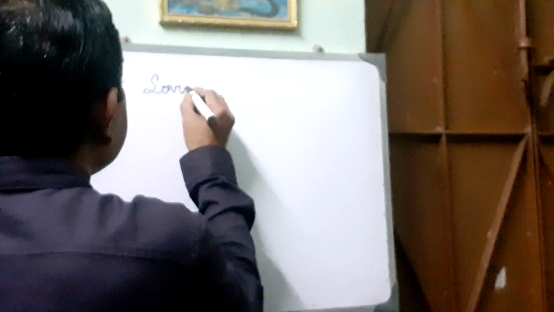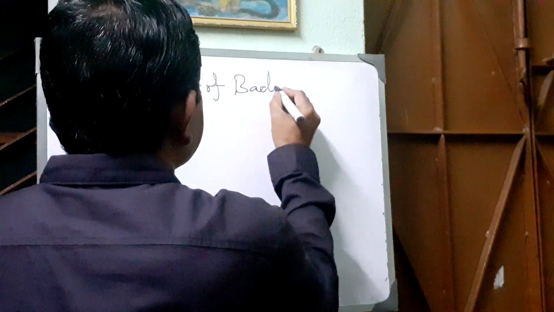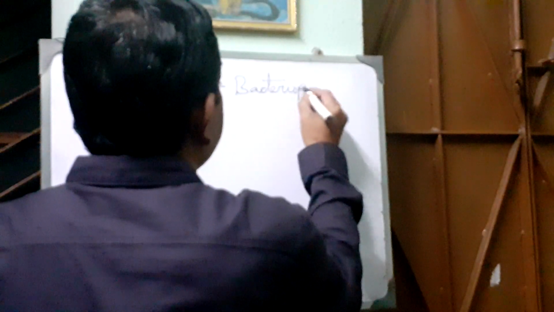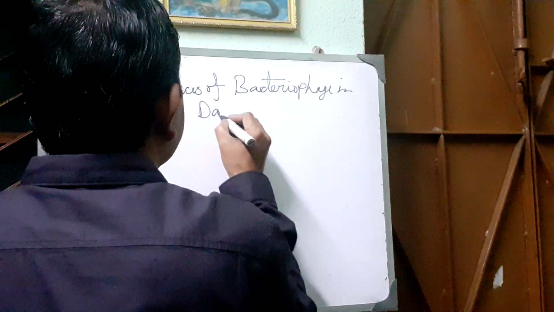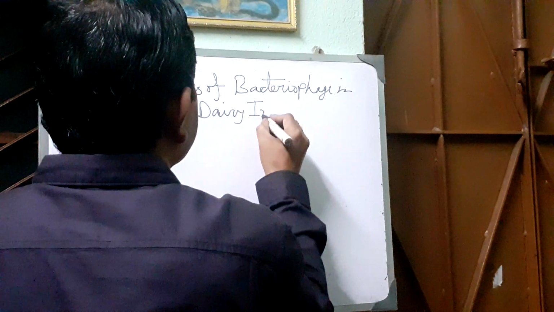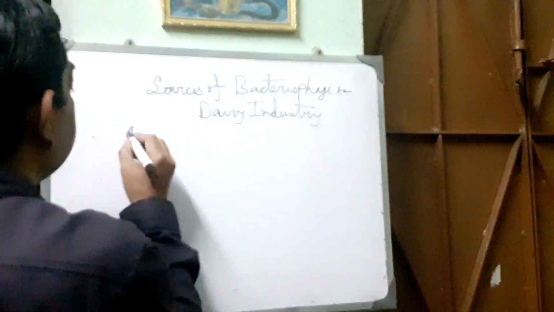We know that bacteriophage kill the bacterial cell, meaning the starter culture. Now, generally, what are the sources of bacteriophage in the dairy industry? First one is the whey.